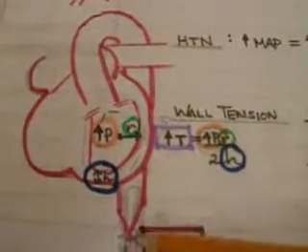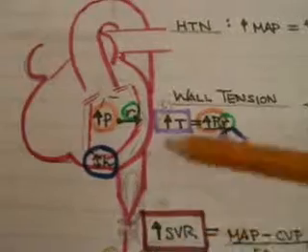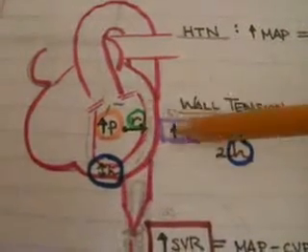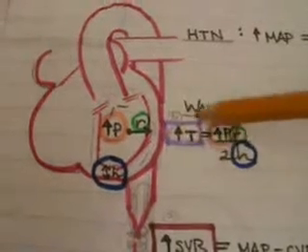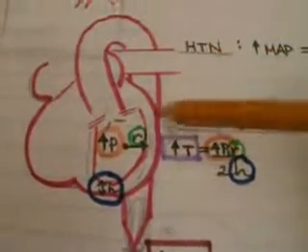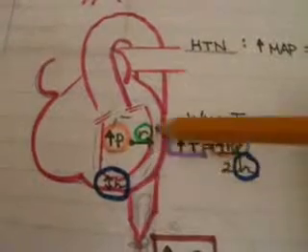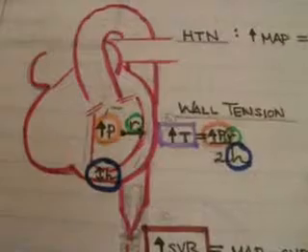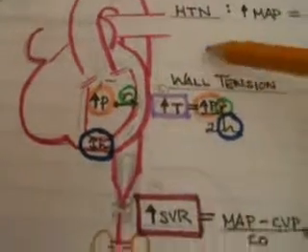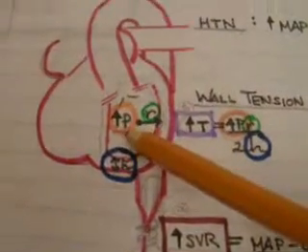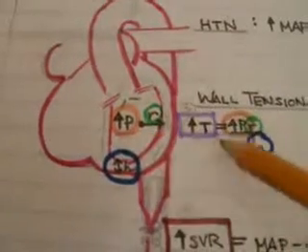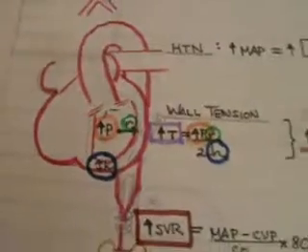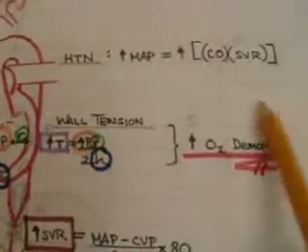And when there's an increase in systemic vascular resistance, that puts the left ventricular wall at a higher wall tension, meaning the myofibrils within the left ventricular wall have more tension. Using Laplace's law, as the left ventricular pressure increases, it's going to increase your wall tension. And the detriment of that is that it increases your oxygen demand.